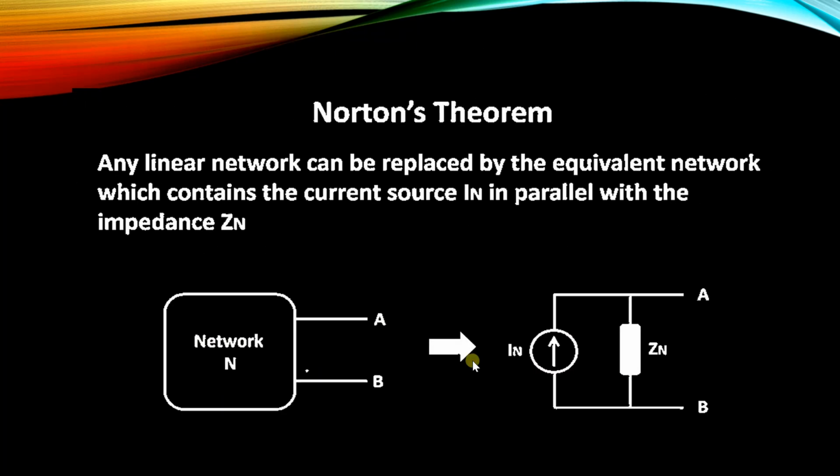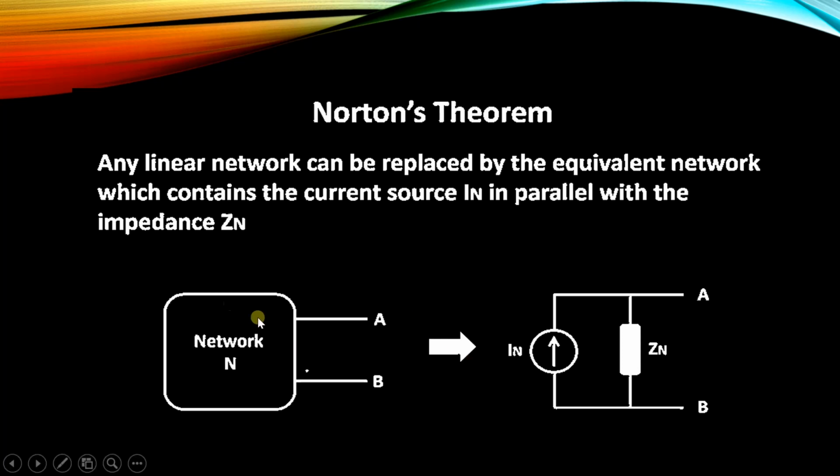Today we are discussing Norton's theorem. In Norton's theorem, any linear network can be replaced by an equivalent network which contains the current source IN in parallel with the impedance Zn.